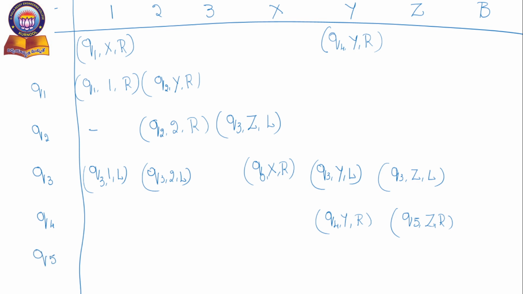In the Q5 you will get Zs only. So (Q5, Z, Z, R). After all Zs are processed, finally Q5 will encounter a blank symbol.